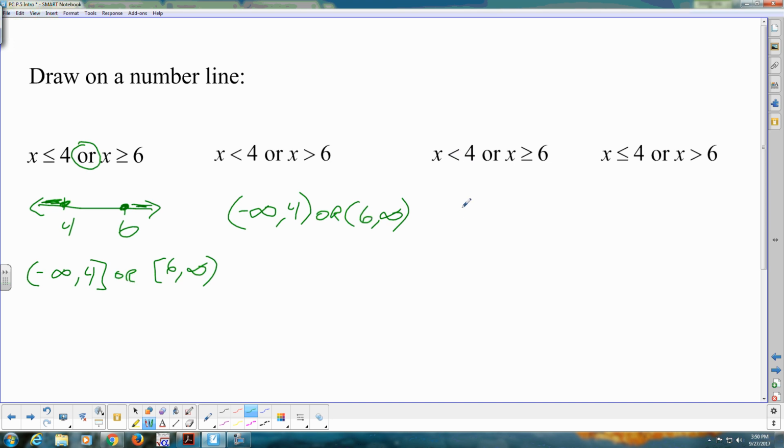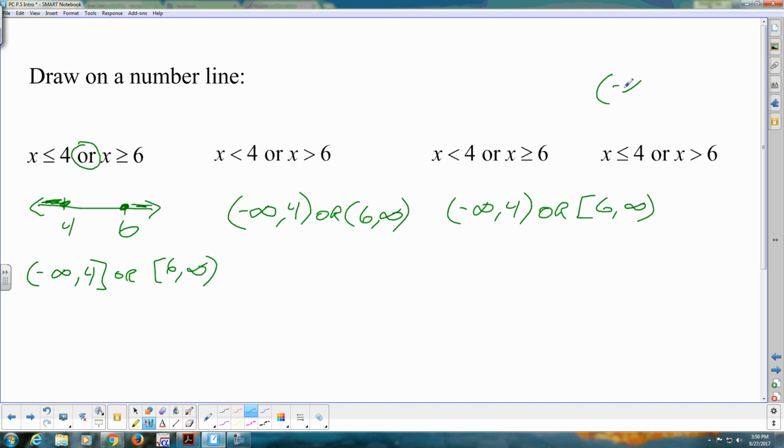So the left one is going to have negative infinity to 4 without the bracket, or bracket 6 to infinity. These two symbols are just going to switch, the brackets and the parens.